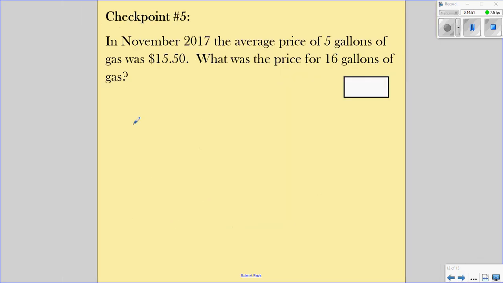Okay, next one. In November 2017, the average price of 5 gallons of gas was $15.50. What was the price for 16 gallons of gas? So we have gallons to price. I know how to set it up. The top part will be gallons. For 5, it's 15.50. We know 16, so how much is it for 16 gallons?